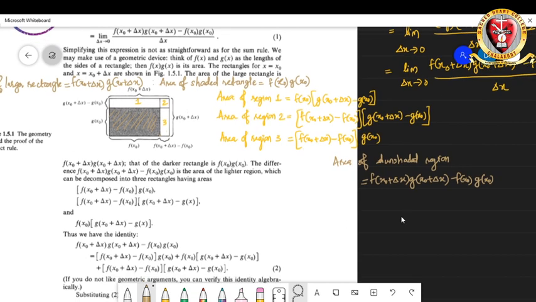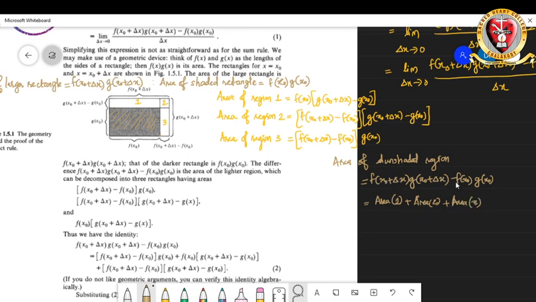And this can also be written as the area of the first region plus the area of the second region plus the area of the third region. So I am just going to write area of 1 plus area of 2 plus area of 3. Both are the same.